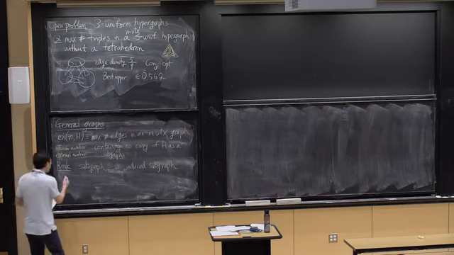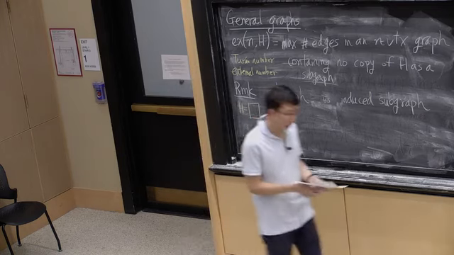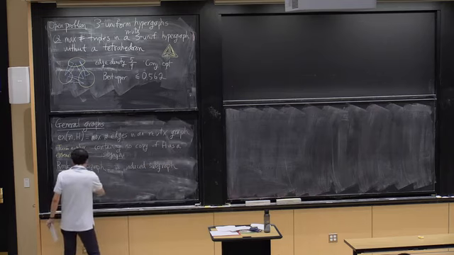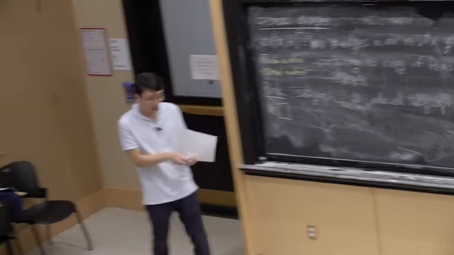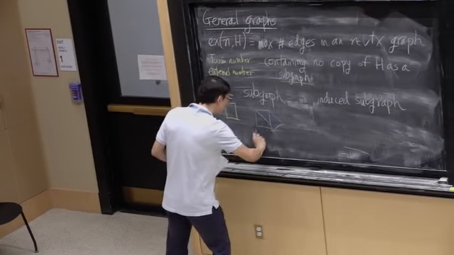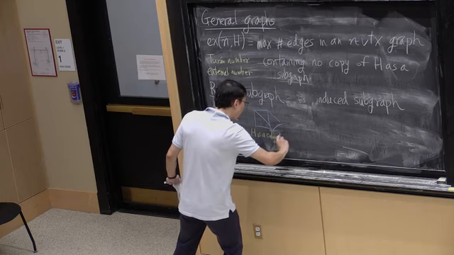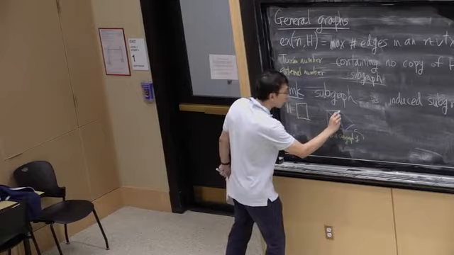Suppose my H is the fourth cycle. An example of H being a subgraph is, well, suppose I have this graph here. So H is a subgraph of this graph here, in many different ways, but in particular like that.